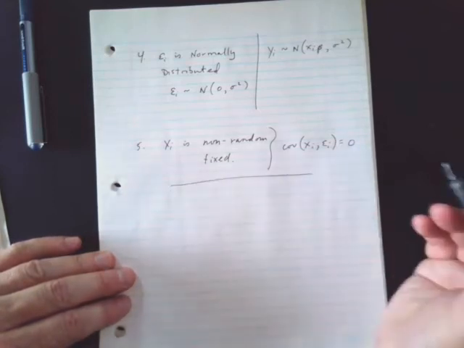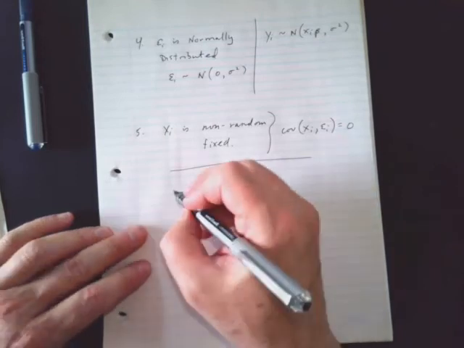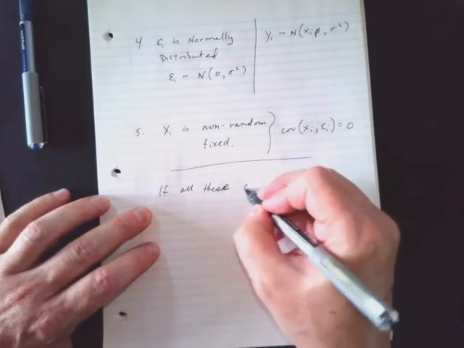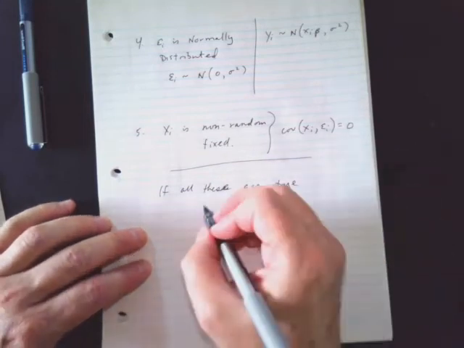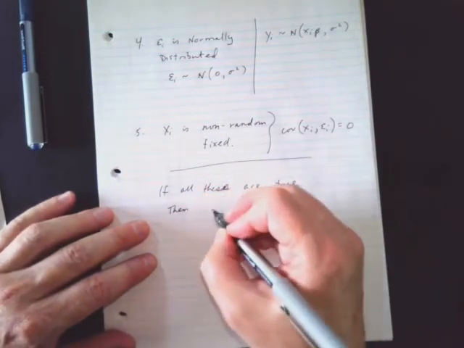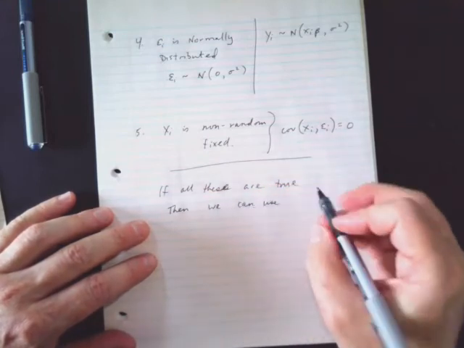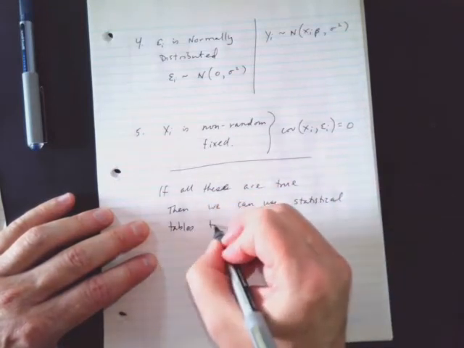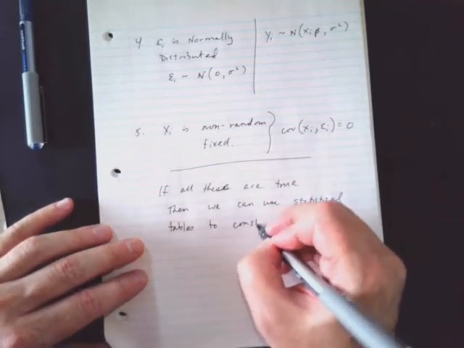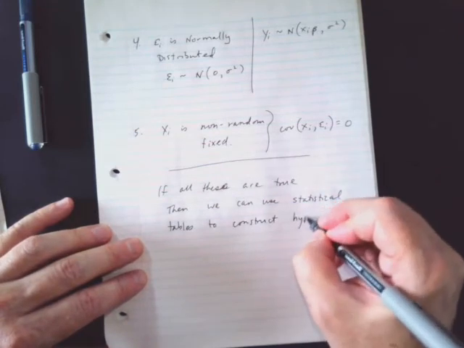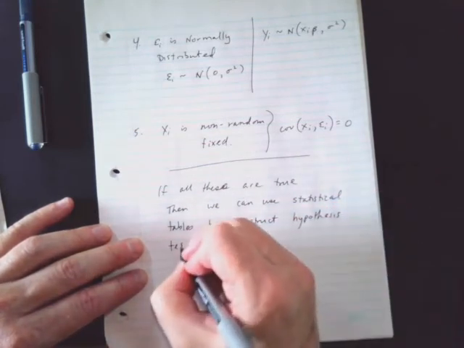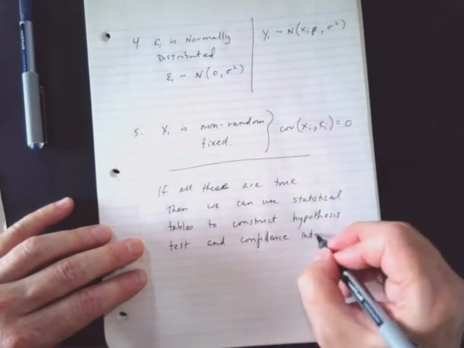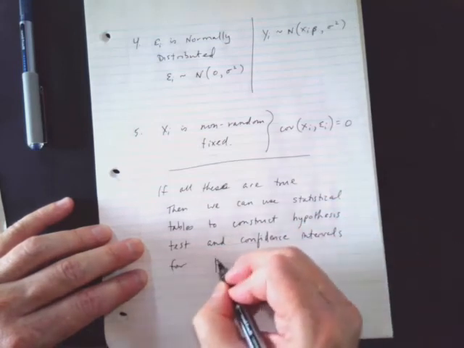Okay, so what do we get for all of these? So if all of these are true, then we can use statistical tables to construct hypothesis tests and confidence intervals for beta hat.